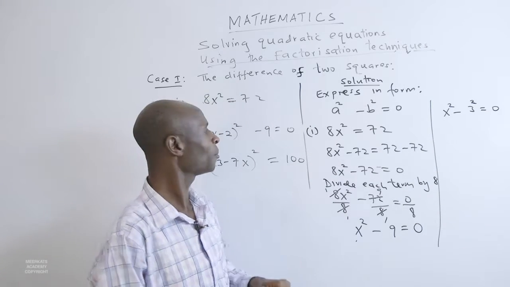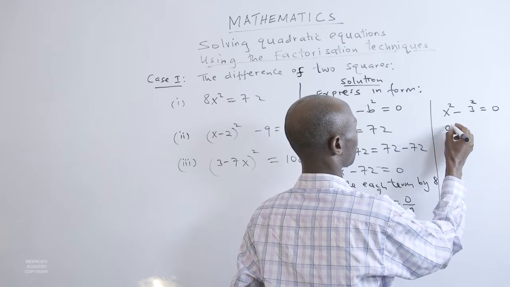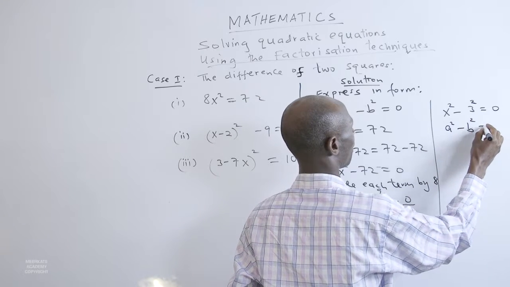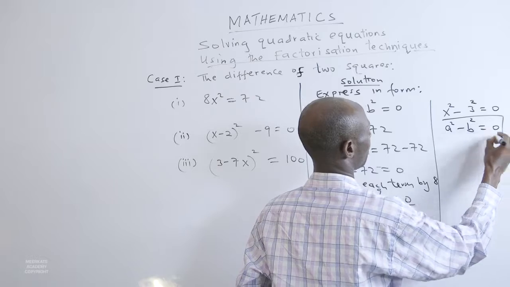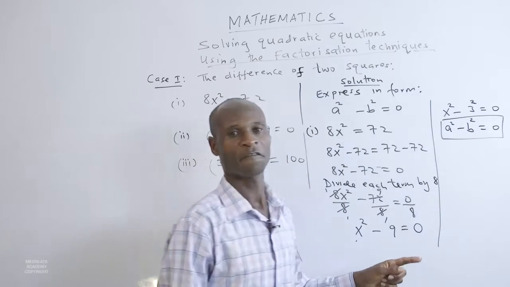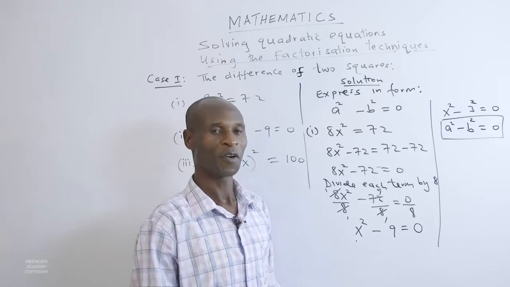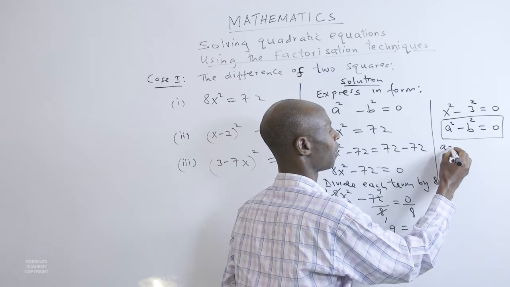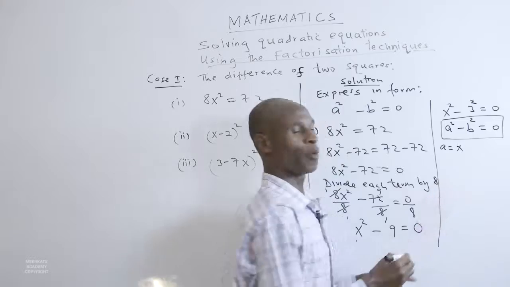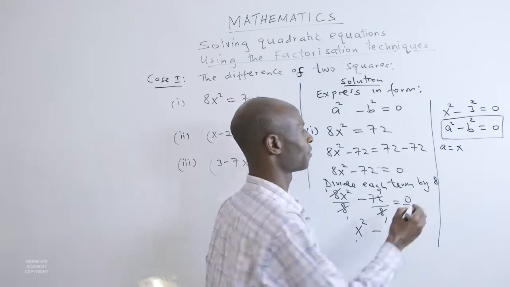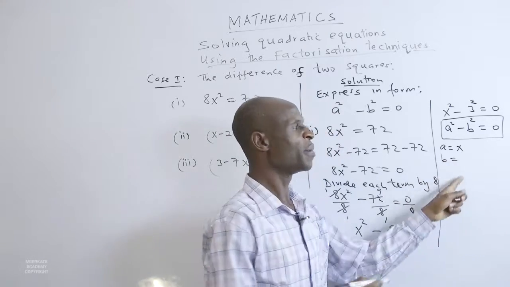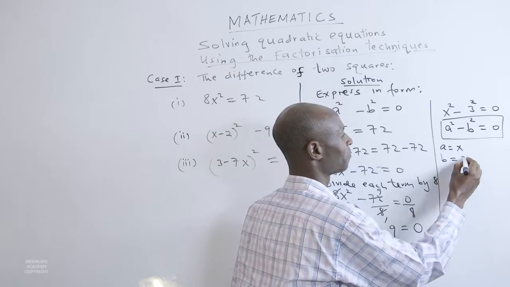So it's in the form a squared minus b squared is equal to 0, where a is x, b here is 3.